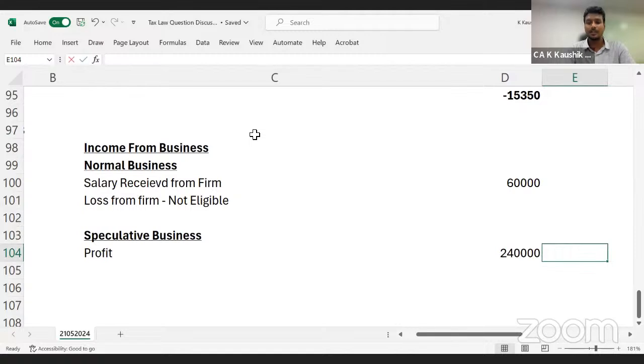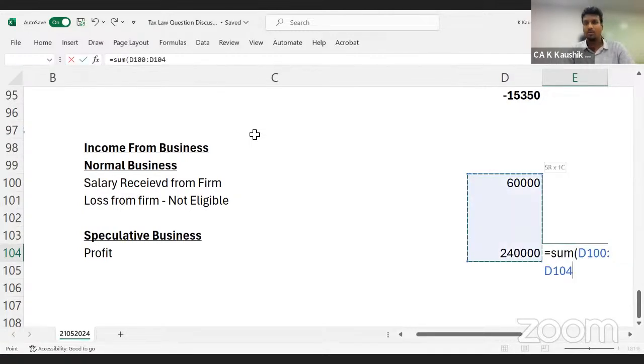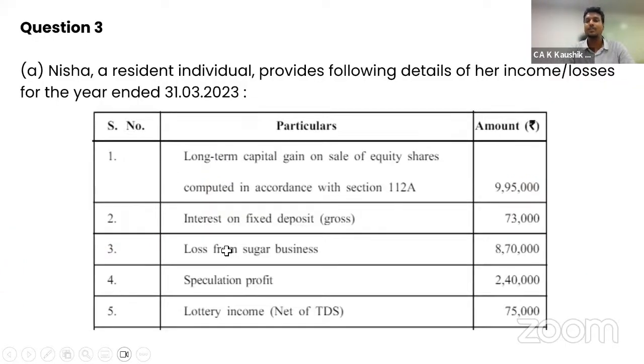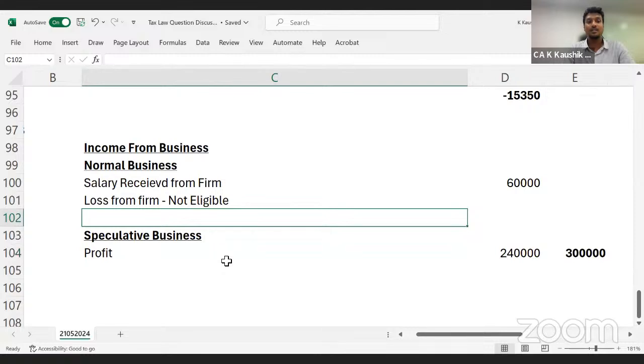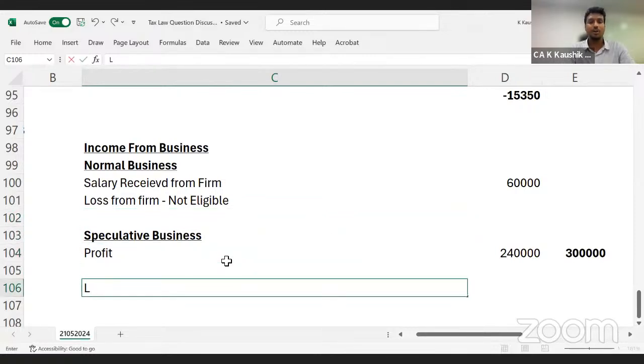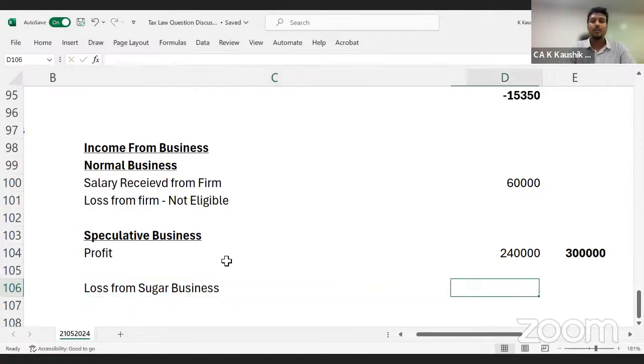Thereby my income from business will be 3 lakhs. But I have one more business, loss from sugar business, 8,70,000. That is again a normal business. Out of this 8,70,000, this 3 lakh will get adjusted.